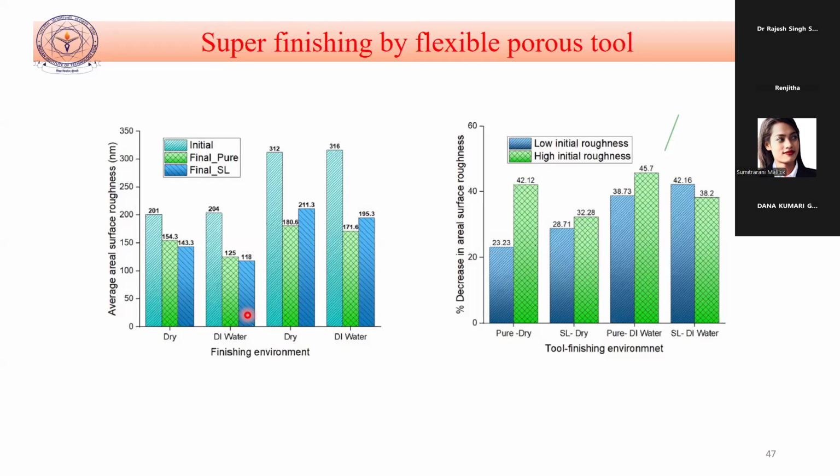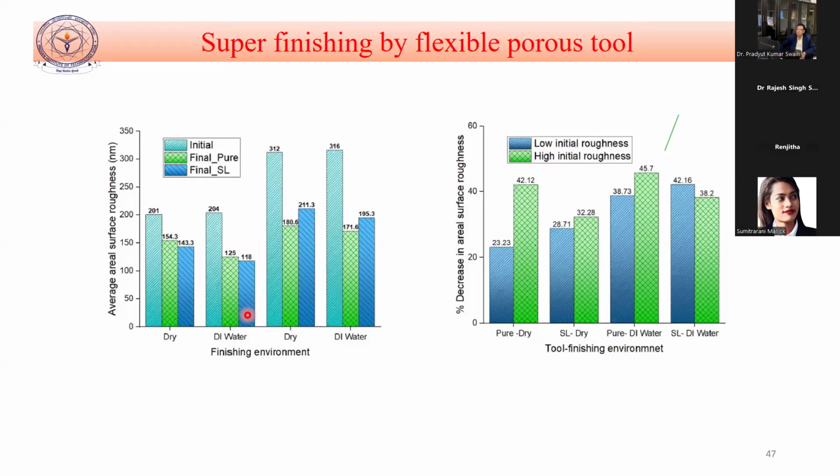From the overall discussion, you can see that we discussed how we relate micro machining and nano scale finishing, that is, super finishing. There is some difference between finishing and super finishing. In finishing, we restrict ourselves to micrometric level surface roughness.